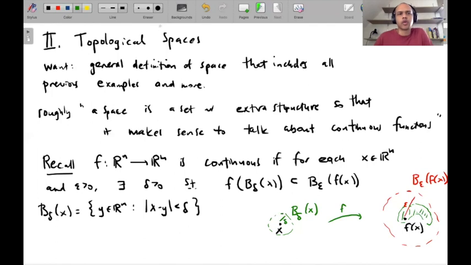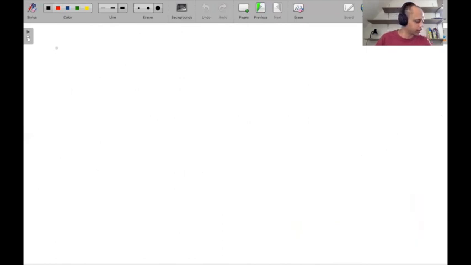Right, so there's an equivalent definition of continuity, which is phrased in terms of open sets. So let me tell you what that says.